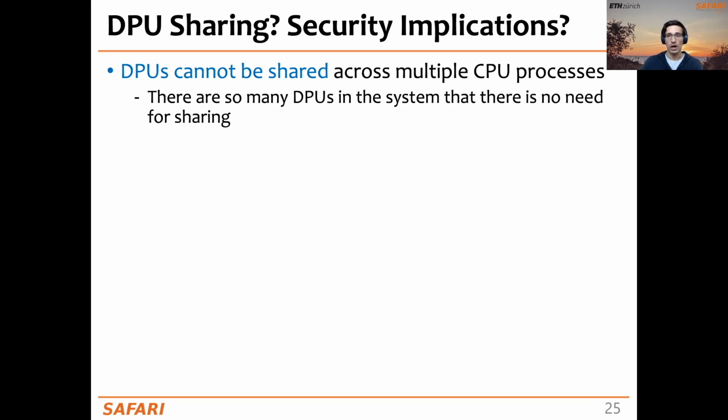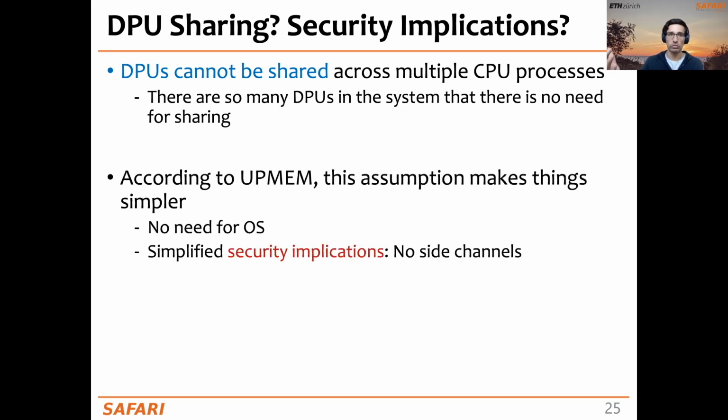And this way, we avoid some of the potential issues that may come from sharing the same processor by multiple processes. So this simplifies the security implications, for example, and according to UPMEM, there are no side channels and there's no need for an operating system.